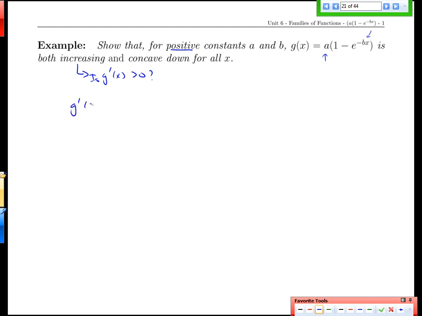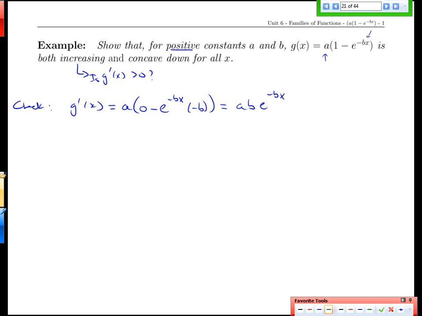What does g prime of x look like? Well, g prime of x, this is a multiplying a function. So I'll have a times 0 minus e to the negative bx, and then we differentiate the exponent to get a negative b, and that will turn into a times b times e to the negative bx. There we go. And then we ask, is that always positive?